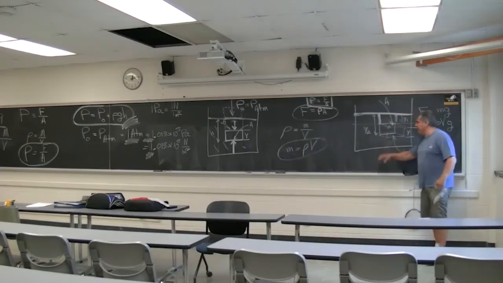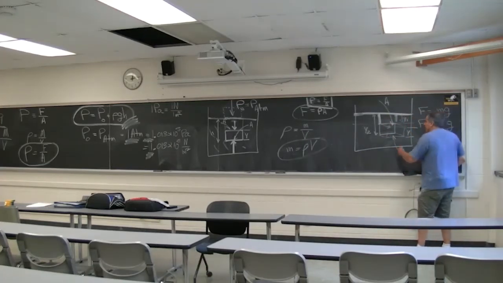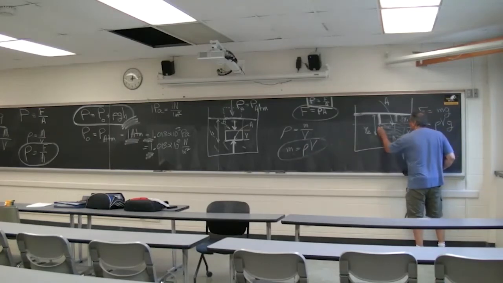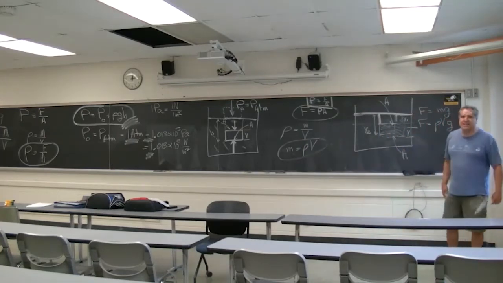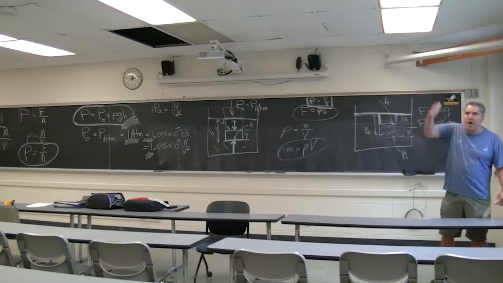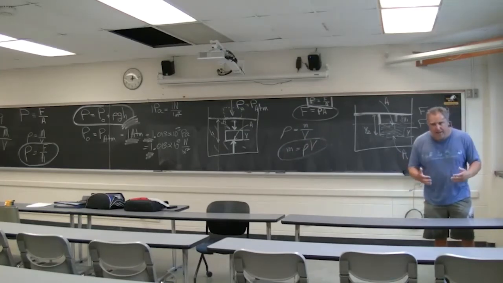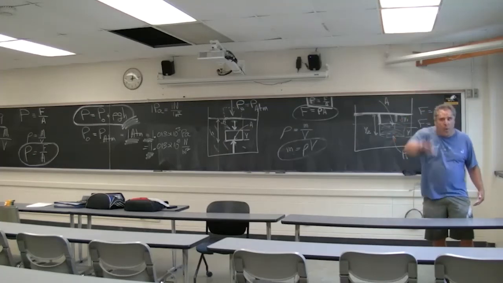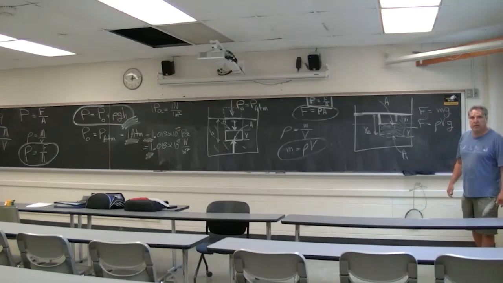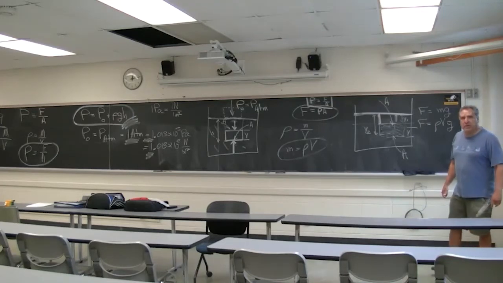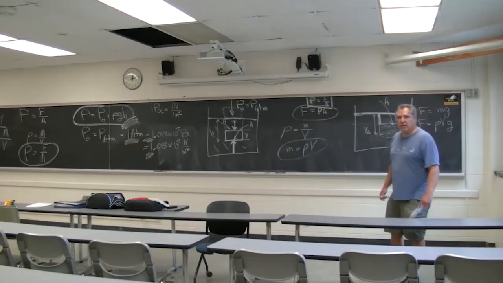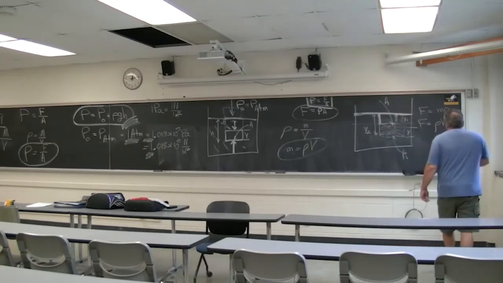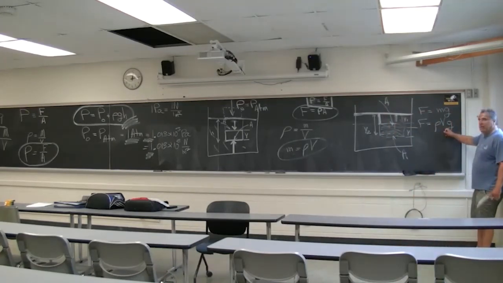Well, because you immerse the box in the water. Here's the box, or imaginary box, doesn't really matter much. I just know there's water above it. If I put my body underneath that column, the water weighs down upon me. How much? mg, which is the same as rho V times g. That's the force I'm experiencing.